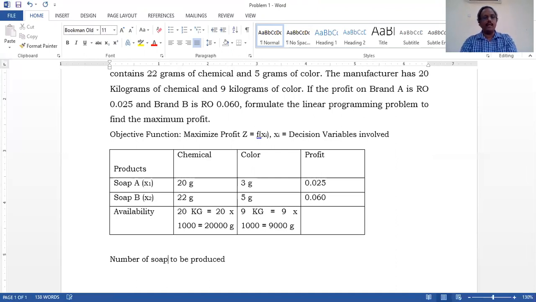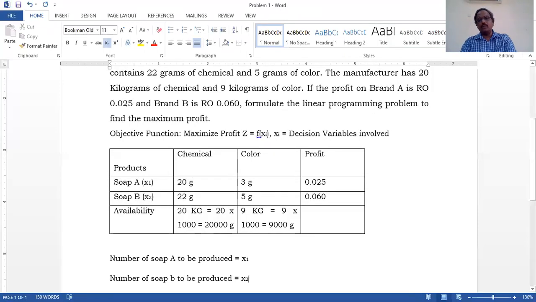Number of soap A to be produced, I'm going to take as x1, and number of soap B to be produced, I'm going to consider as x2. Always take the same notation. Previously I have taken small letters, so I'm going to use the same small letters. You can use the same idea.